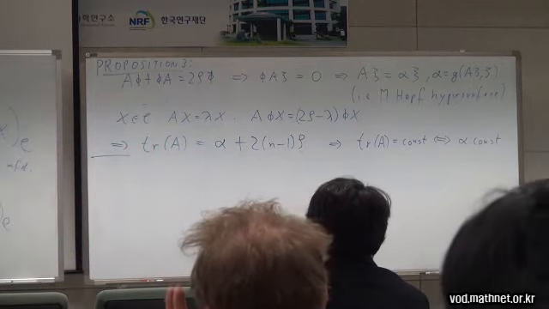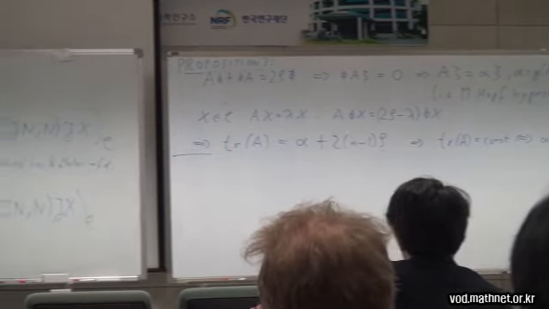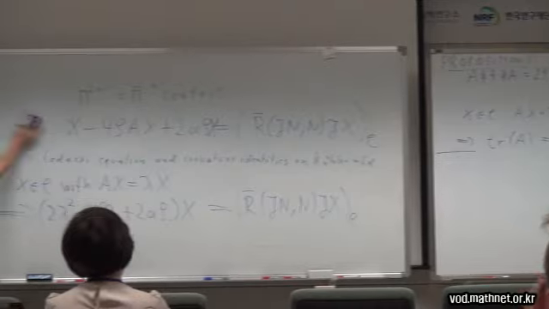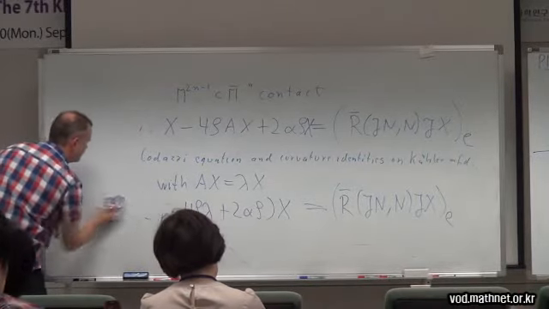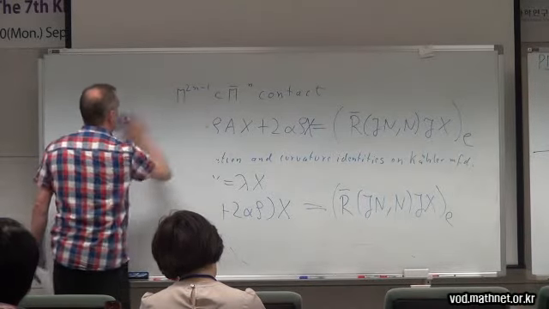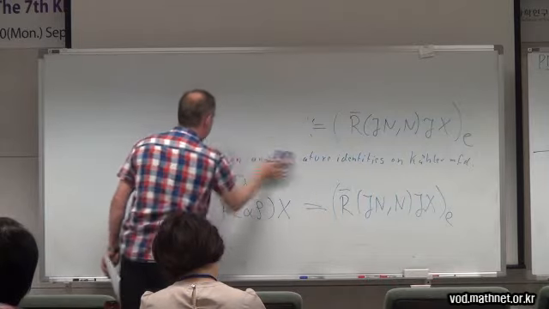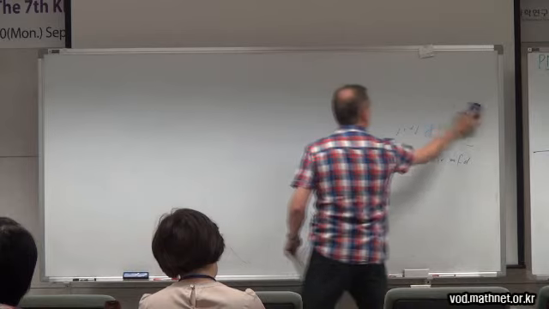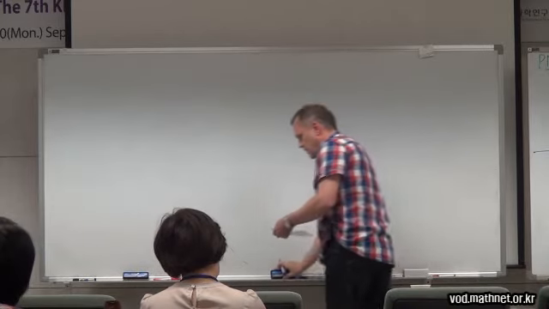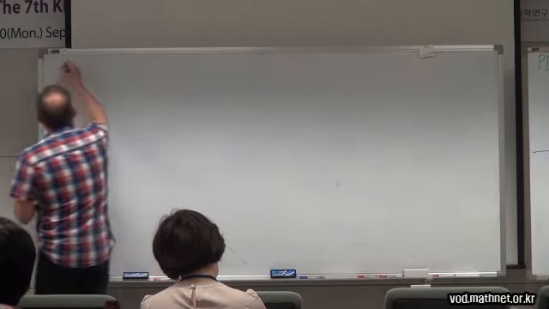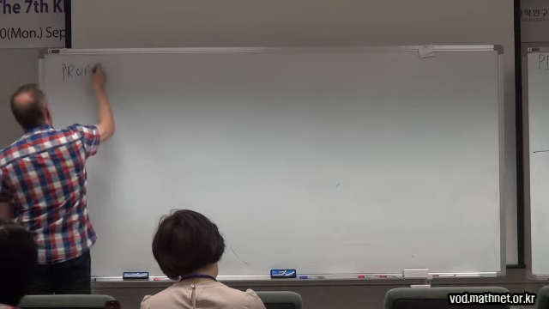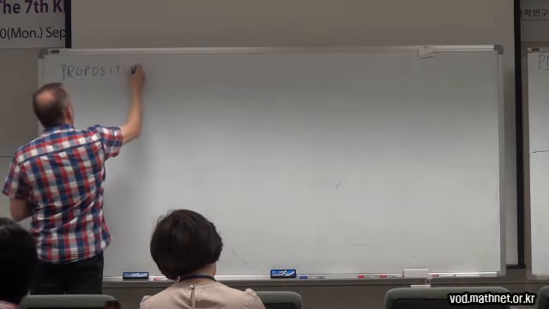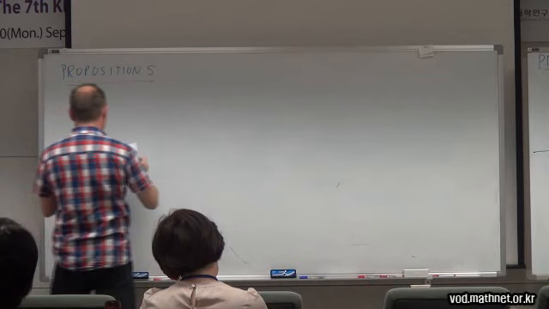So how can one see when alpha is constant?